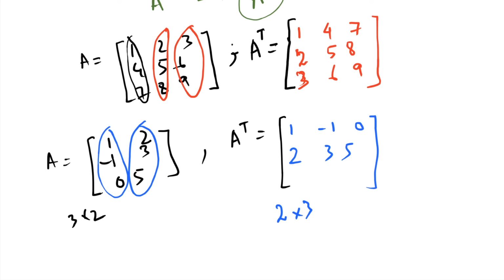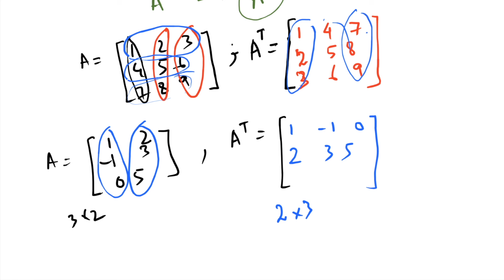If you look at 1, 2, 3, that is the first row of A, and the first column of A transpose is 1, 2, 3. So you can even work out the transpose this way also. The second row of A is 4, 5, 6, and that should be the second column of A transpose. The third row becomes the third column here, 7, 8, 9.